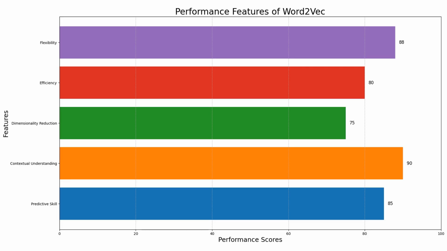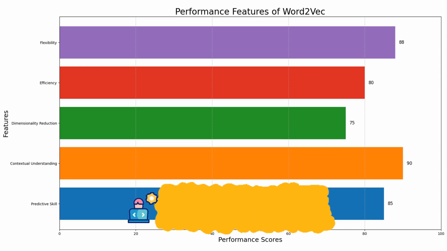Right off the bat, we see that contextual understanding shines the brightest with a score of 90, which tells us that, among all these features, word-to-vec excels in capturing those all-important contextual signals. Following closely, we have flexibility at 88 and predictive skill at 85. This indicates that word-to-vec is not only adaptable across various tasks, but also reliably predictive.